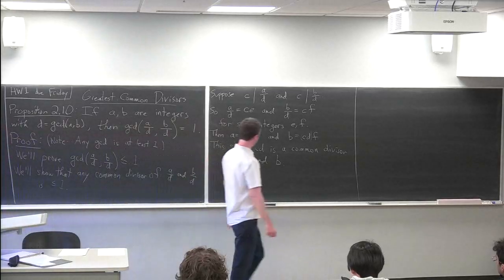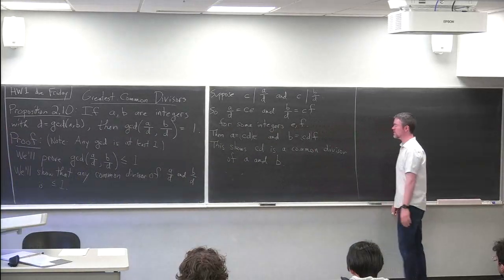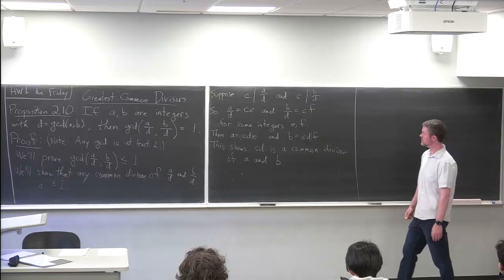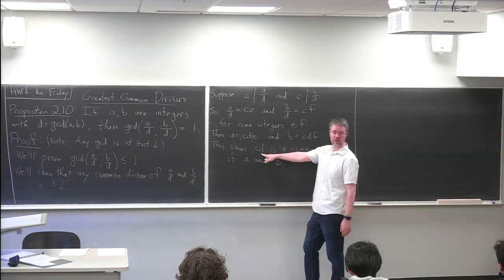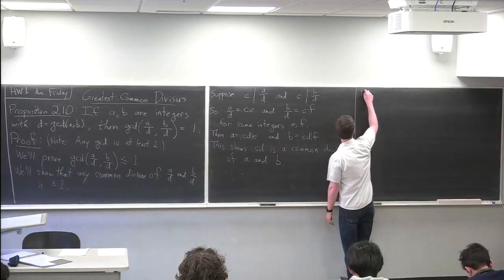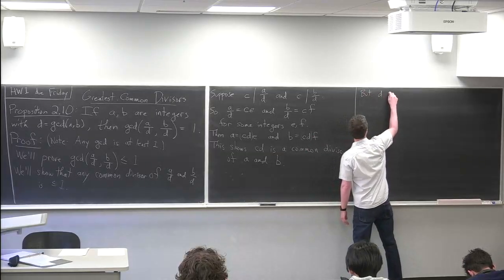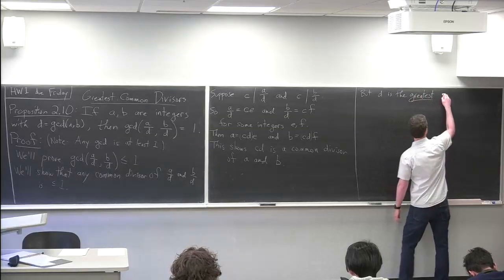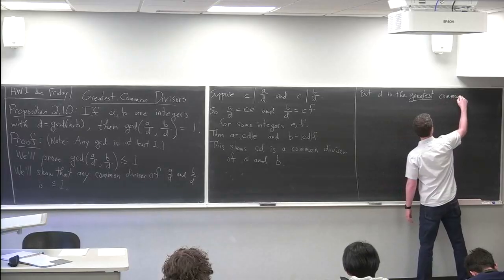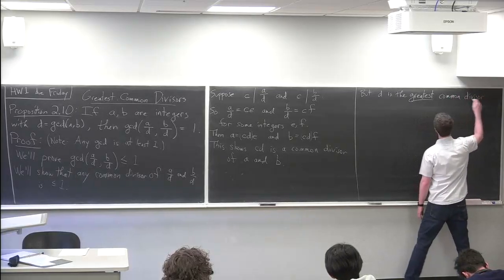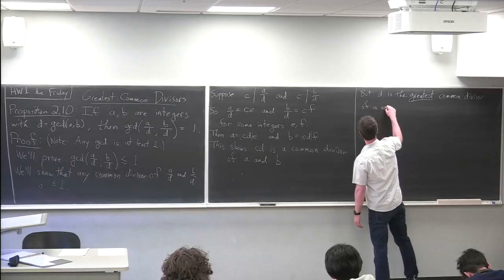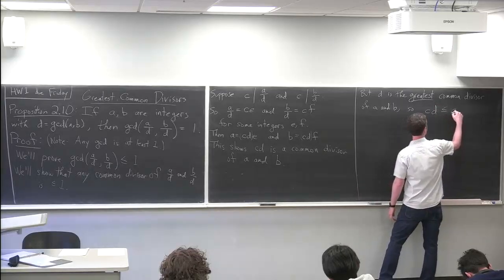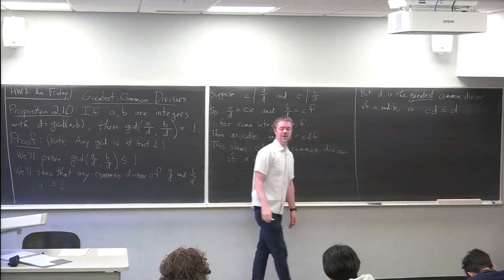Anyway, the point is, we have a common divisor of A and B, but D is the greatest common divisor of A and B, which means whatever this thing is, it has to be less than or equal to D. D is the greatest, emphasis on greatest. So this other common divisor we stumbled across cannot be larger than D.